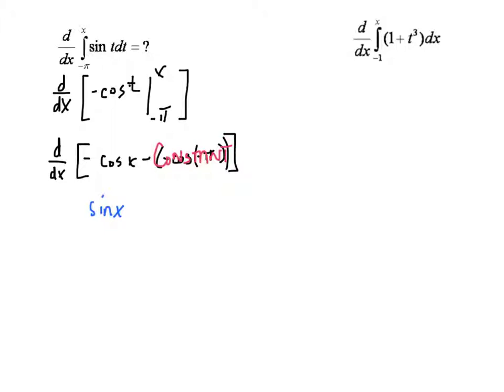And the derivative of a constant is 0, so the answer is just the sine of x. So again, I got the original function back out with an x instead of a t. This will always work as long as the lower bound is a constant and the top bound is an x.